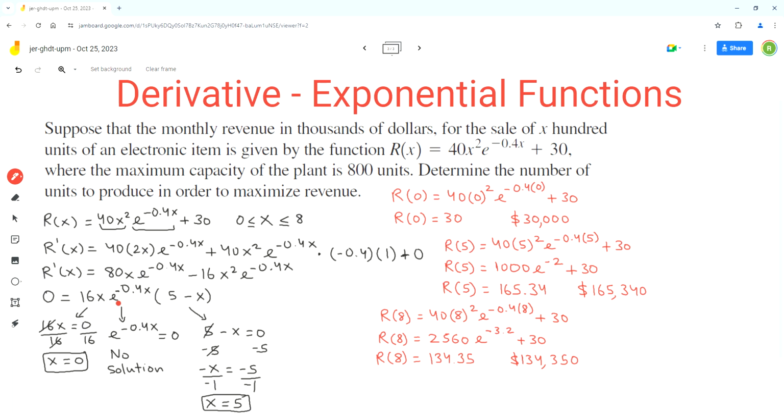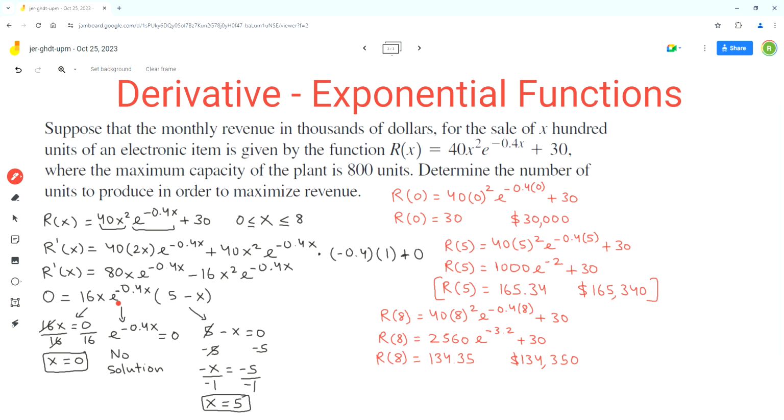So we can see that the maximum revenue was obtained for x equals 5. So that means the number of units that maximize revenue is 500 because the unit of x is hundreds of units of an electronic item.